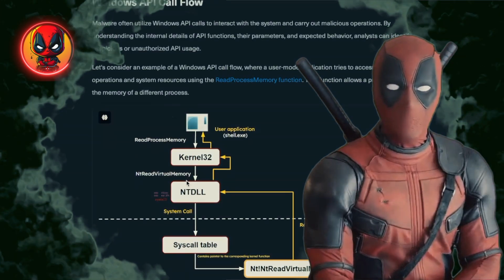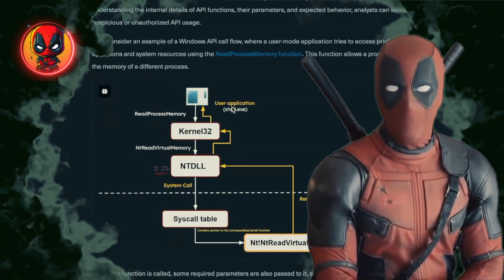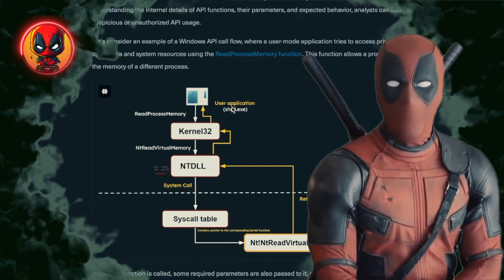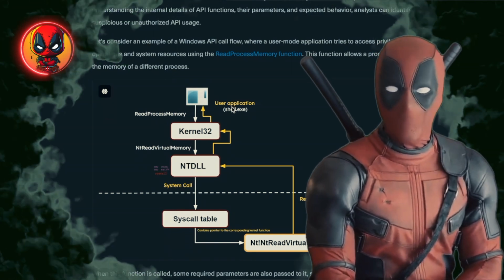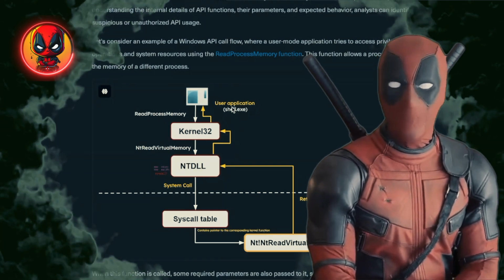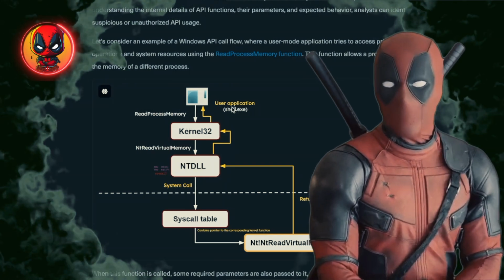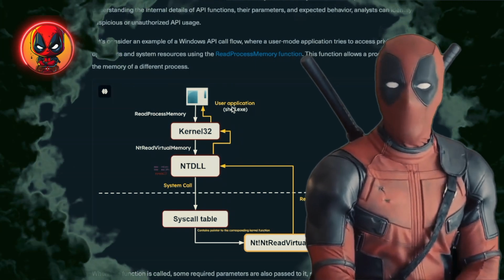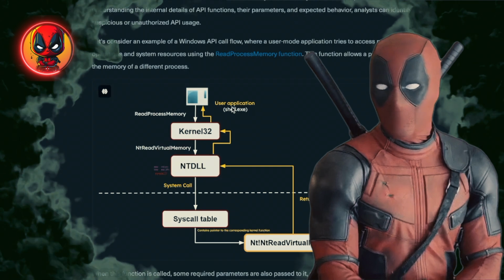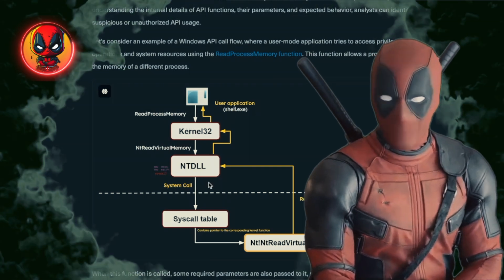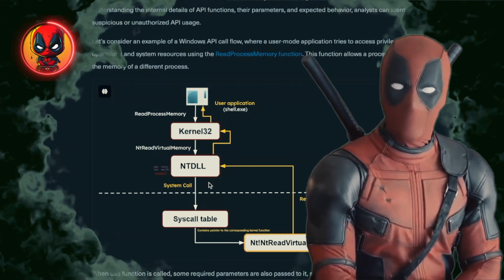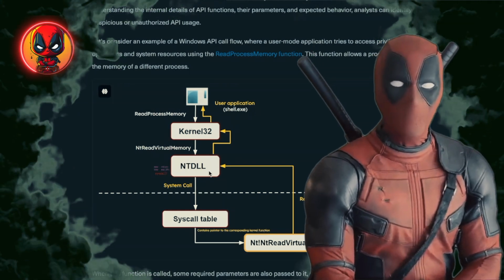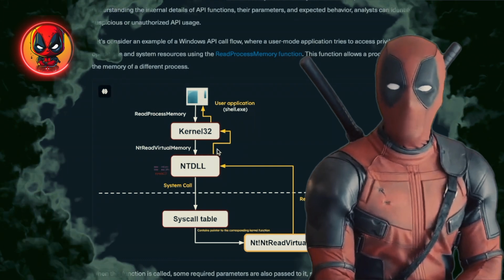Breaking down the diagram. Let's walk through the diagram step by step. 1. User application, shell.exe. This is the starting point. A user application, like a shell program, wants to perform a specific operation. In this case, reading the memory of another process. 2. kernel32.dll. The application first interacts with kernel32.dll, a core part of the Windows API that provides functions for memory management, input-output operations, and more.